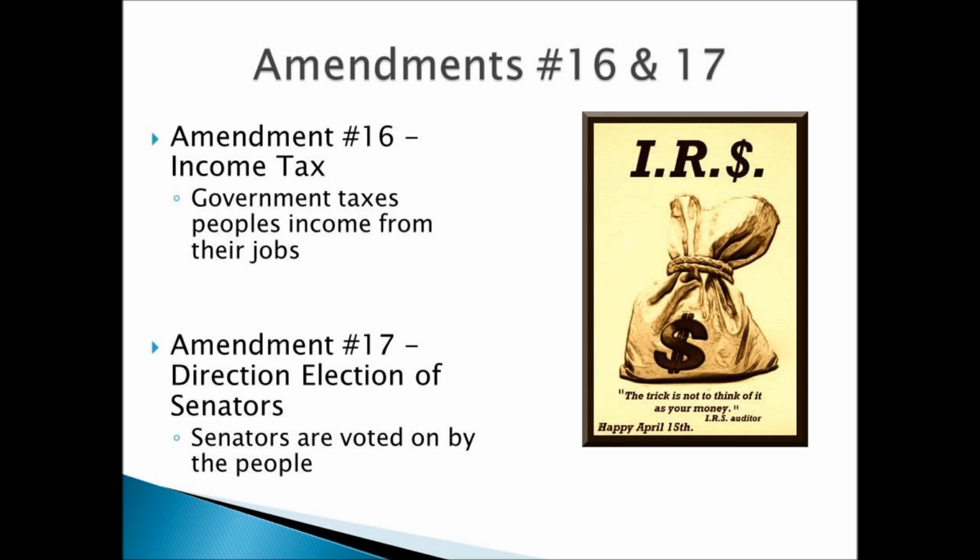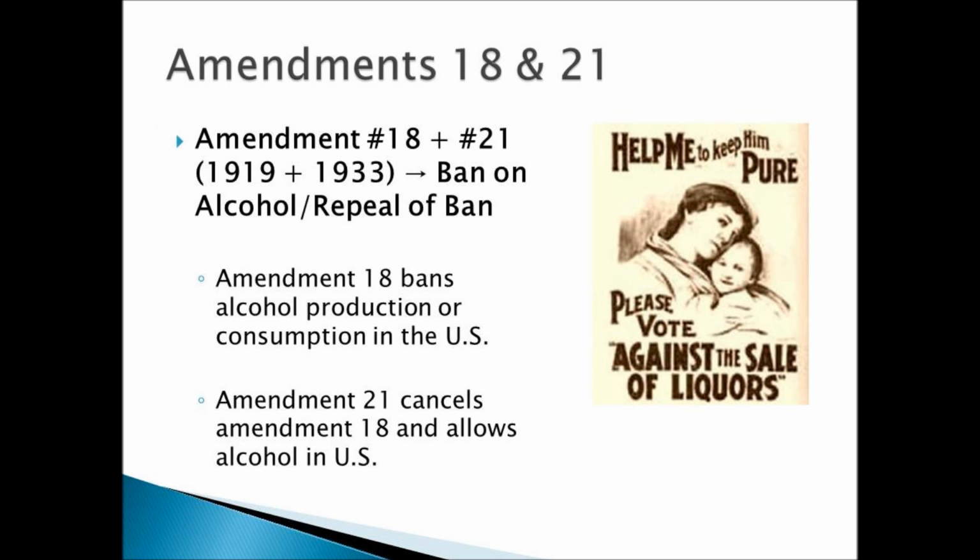Amendments 18 and 21 really cancel each other out, because Amendment 18 bans alcohol in 1919, and Amendment 21 brings it back in 1933. In 1919, the 18th Amendment is passed, and this bans alcohol. However, after alcohol is banned, they believe that violence is going to go down, when in reality it goes up.